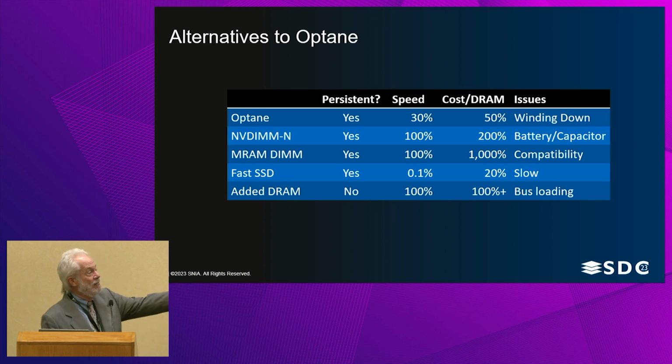Anyway, the columns in this table: is it persistent? What is its speed relative to DRAM? And so I put 30% down for Optane because it's about a third the speed of DRAM. What does it cost compared to DRAM? And the 3D Crosspoint strategy was to price it half as much as DRAM.